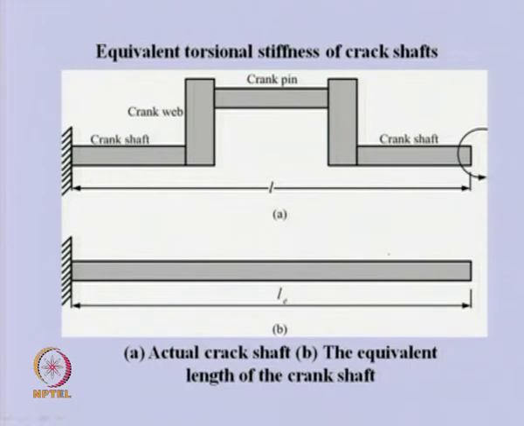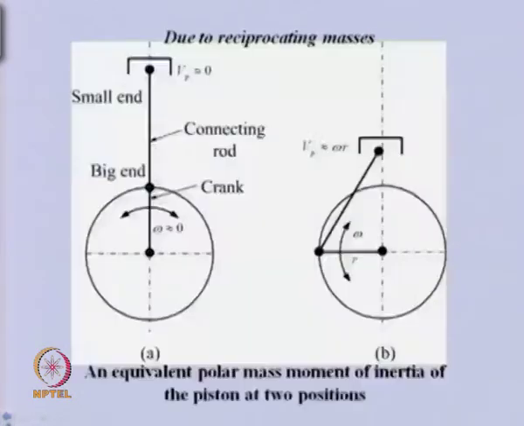Or, using finite element packages, we can model this and obtain its torsional stiffness, and then get the equivalent uniform shaft out of that. So, we can convert the whole reciprocating engine system to a uniform shaft system like this.